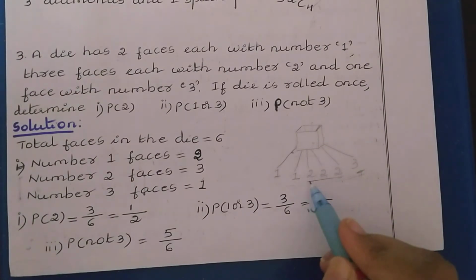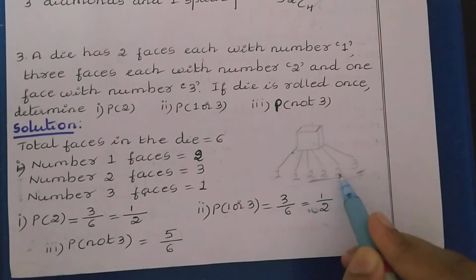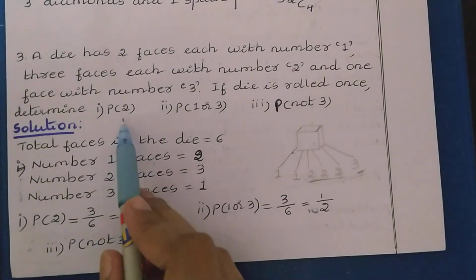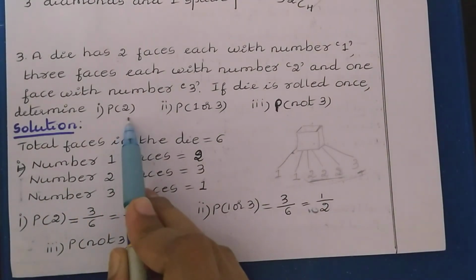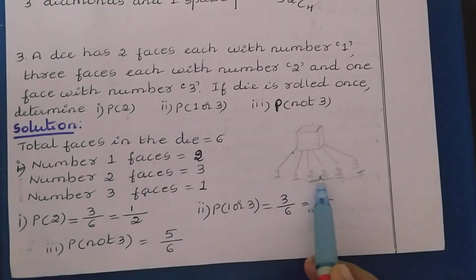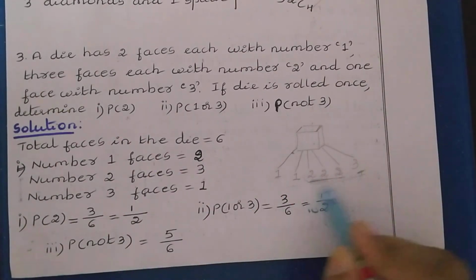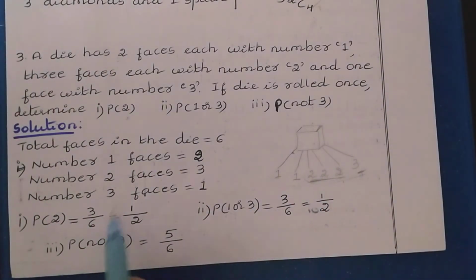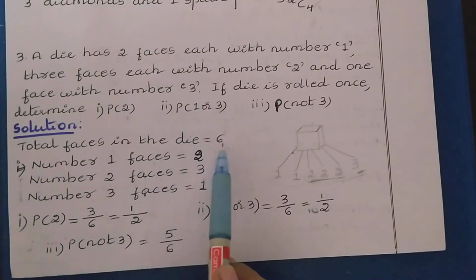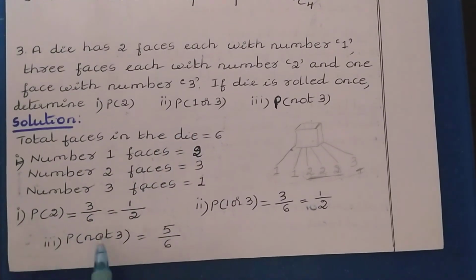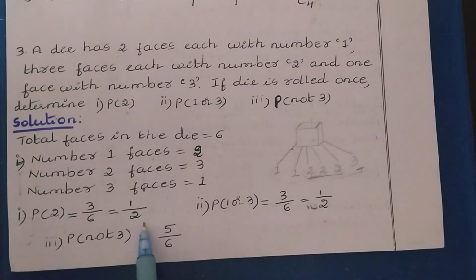See here 3 faces with 2. So favorable outcome is 3. Here 3 possibilities are there. So 3 divided by, totally in this die we have 6 faces. So 3 divided by 6 is equal to half.